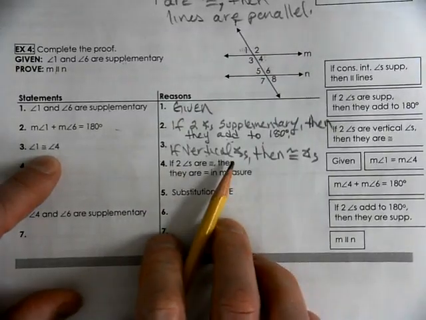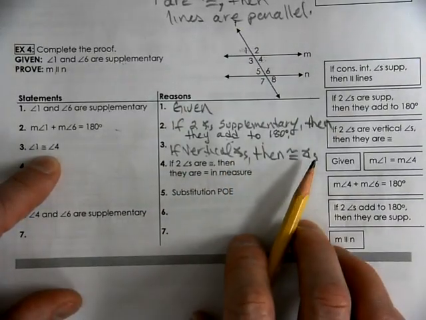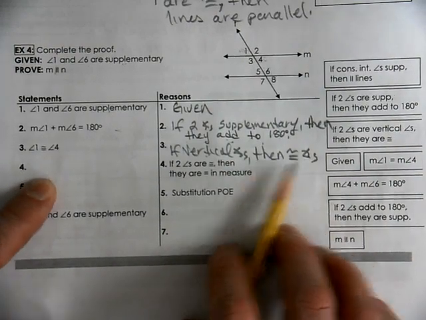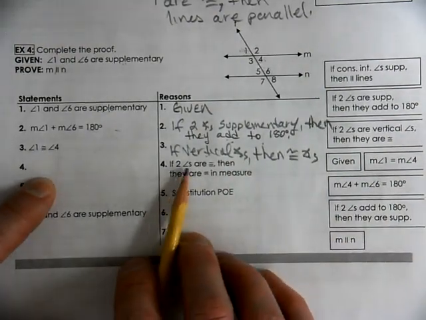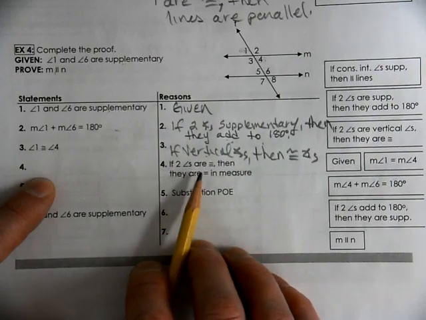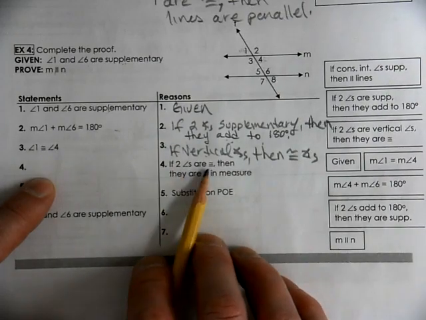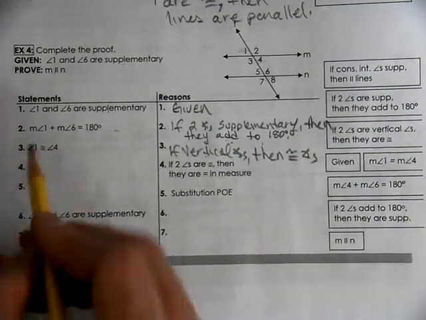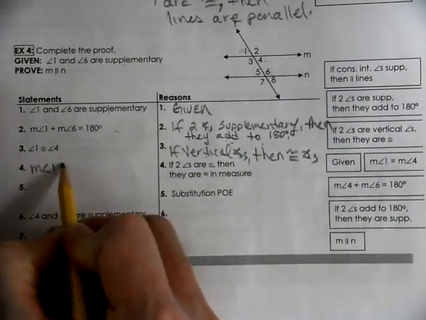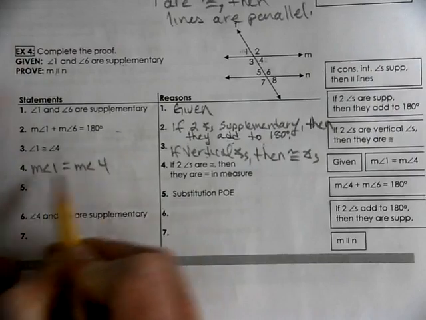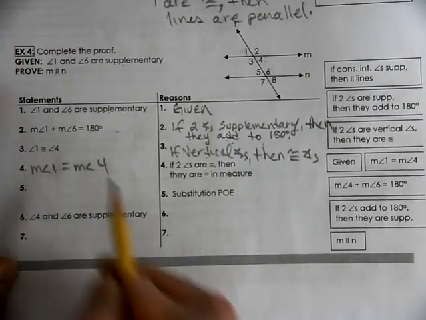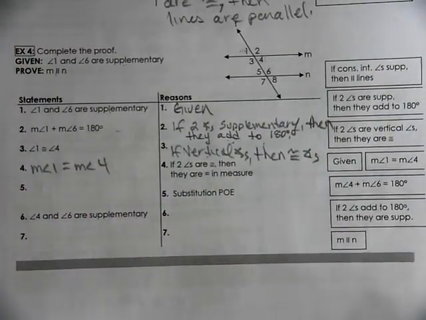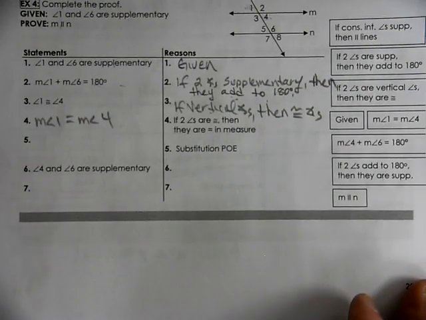If two angles are vertical, then they are congruent. All right, here's the little hint. This is the one that we often forget about. This is saying if congruent, then equal. So we're going to talk about how 1 is equal to 4. The measure of angle 1 is equal to the measure of angle 4. You need the right notation.